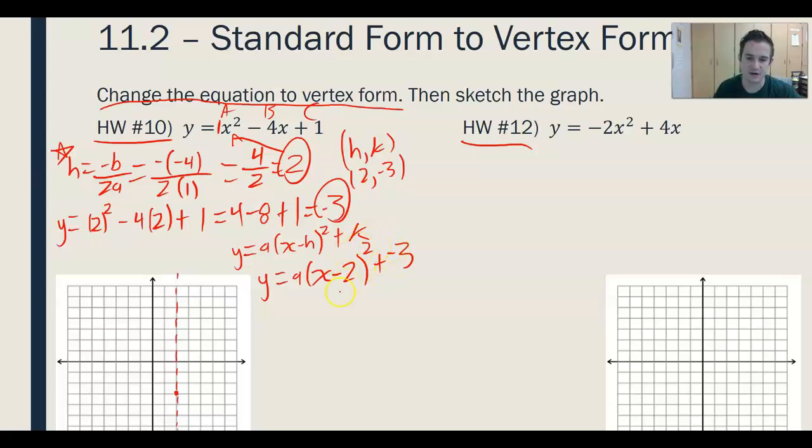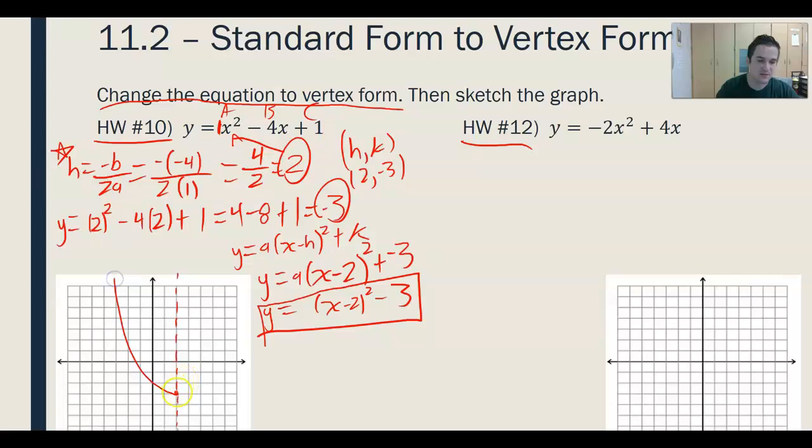Then if I take care of the plus negatives, I get y equals a times (x minus 2) squared minus 3. And the a value here is going to be the same a value that I started with, which in this case was just 1, so I don't really need to write it there. So the vertex form of that quadratic function is (x minus 2) squared minus 3.